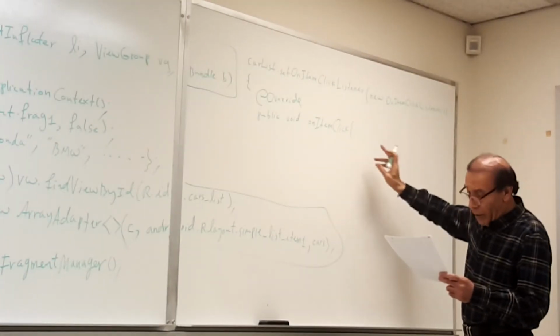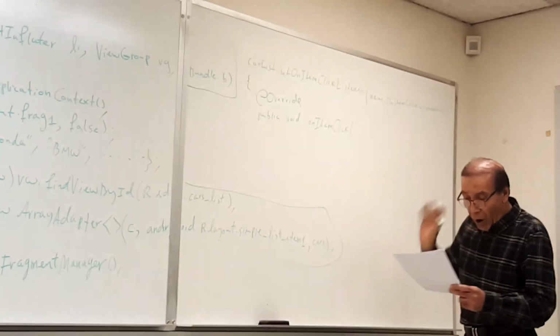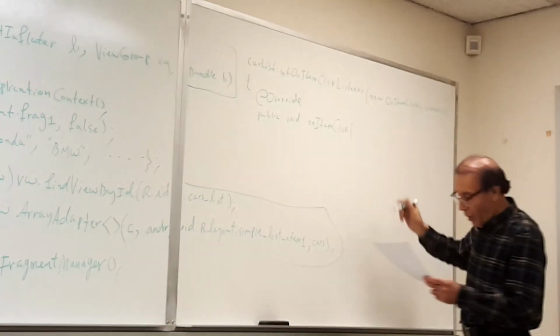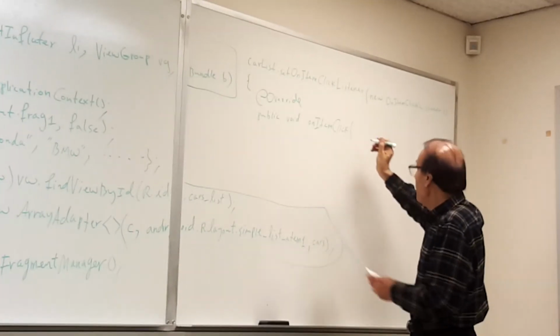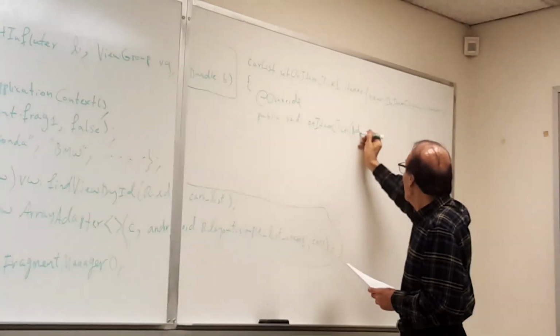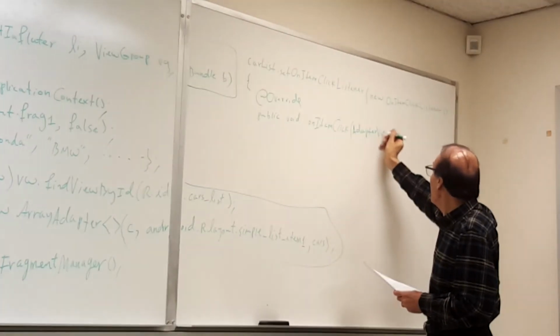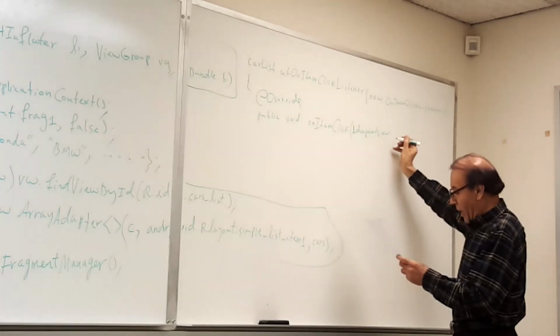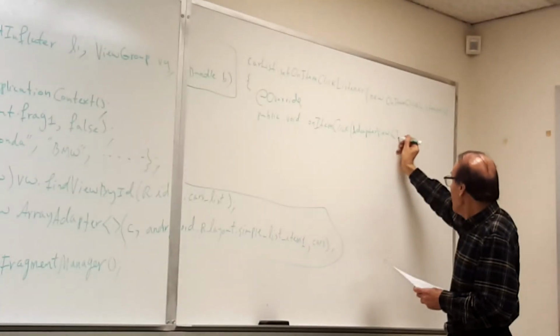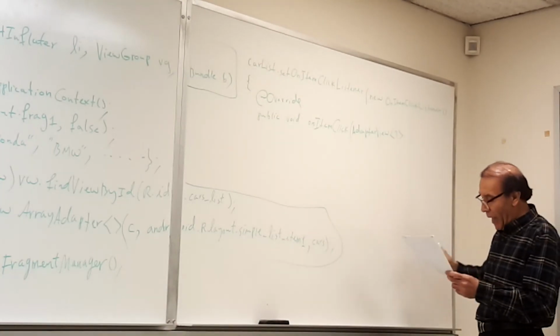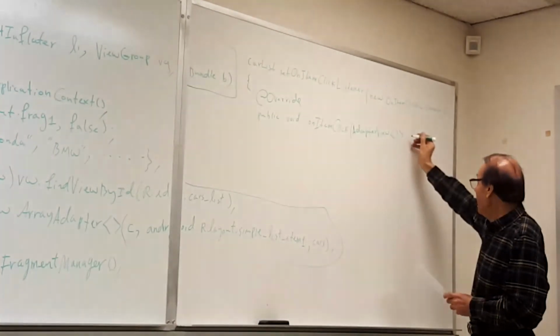So now, onItemClick listener has 2 or 3 arguments. The first one is AdapterView, which is a generic type of class, and we call it parent.